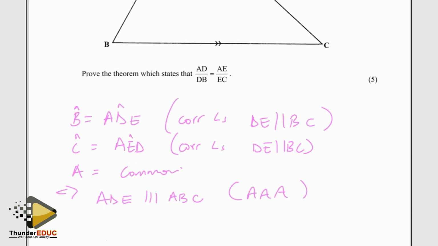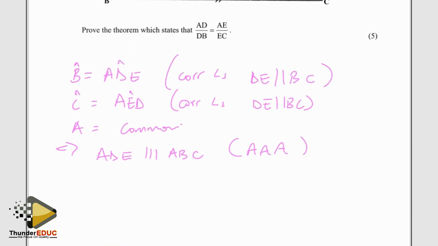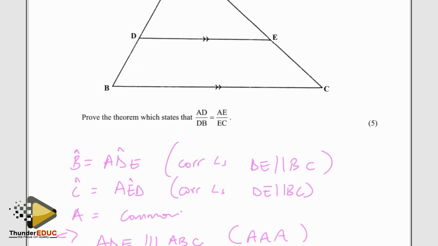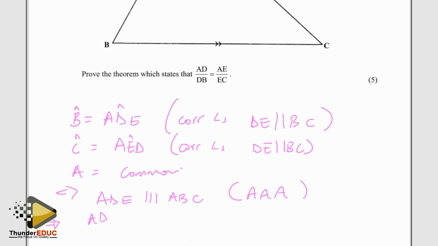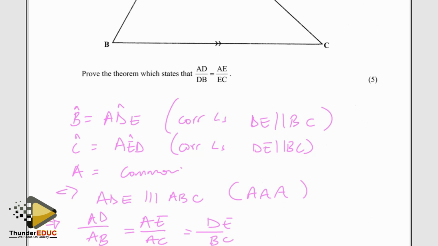Okay, now there's a link between similar triangles and the proportionality theorem. If I focus on the similar triangles first, since I've proved that the triangles are similar, it's the same as having AD divided by AB, which must give me the same ratio as AE divided by AC, which must give the same ratio as DE divided by BC.